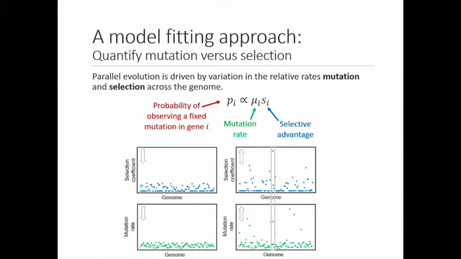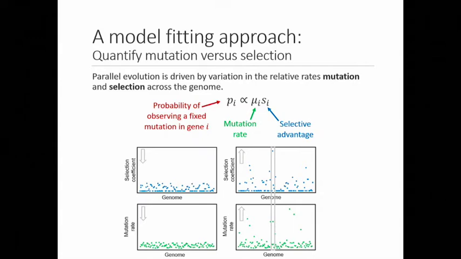Let's just look down here. I'm showing you, for example, if this is the mutation rate heterogeneity and this is the selection advantage heterogeneity, there may be one particular location that has a high mutation rate and a high selective advantage, and that's probably what you're going to see coming up over and over again if you were to have repeated populations evolving under these conditions.